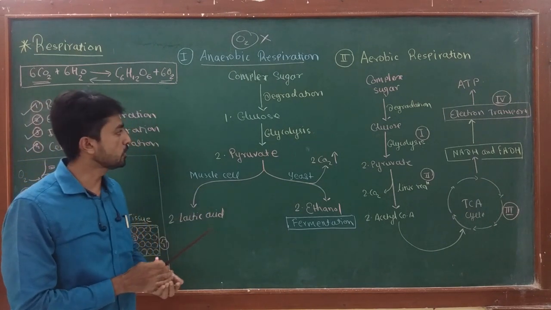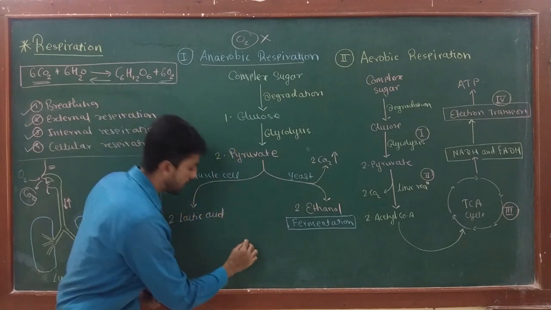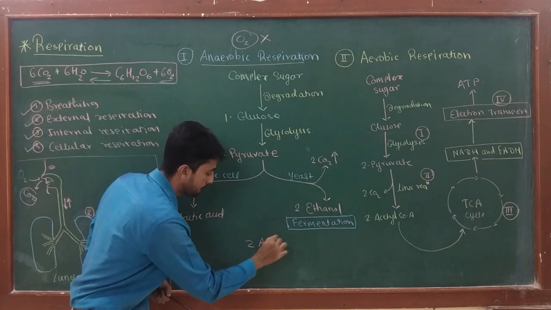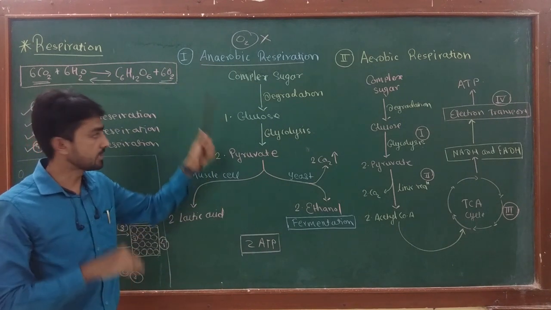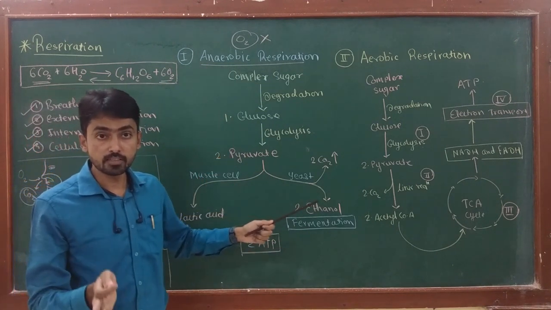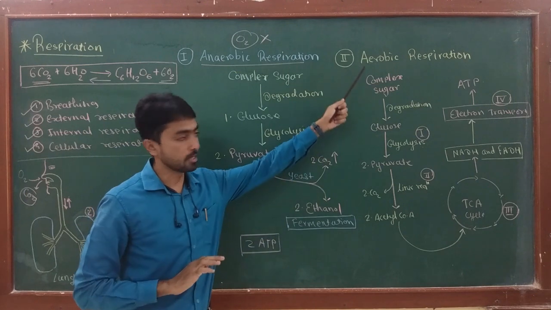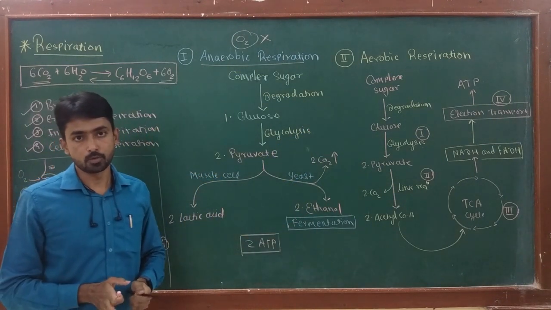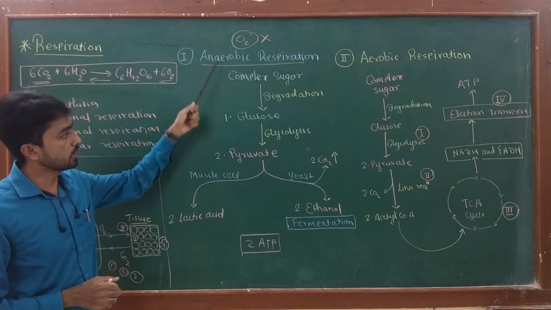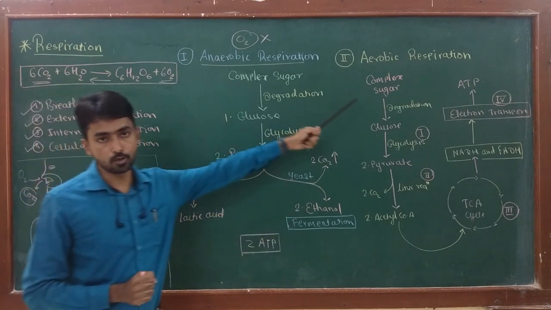Approximately one glucose molecule produces only 2 ATP in anaerobic respiration, while the same glucose molecule produces 36 to 38 ATP in aerobic respiration. But for aerobic respiration, the cell needs oxygen. So first of all, I'm going to discuss anaerobic respiration and then aerobic respiration.